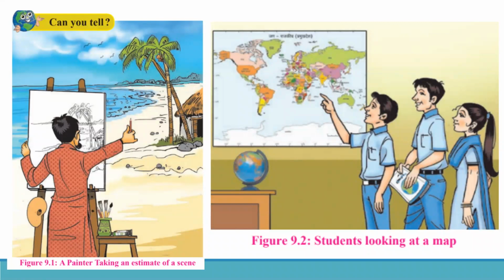Now, how can the scene of this large landscape be depicted on paper? Depicted means to be shown. He's making a sketch, so he's going to show it on the paper. The painter first takes an estimated scale of the scene in front of him with a pencil, and then he depicts it on the paper.